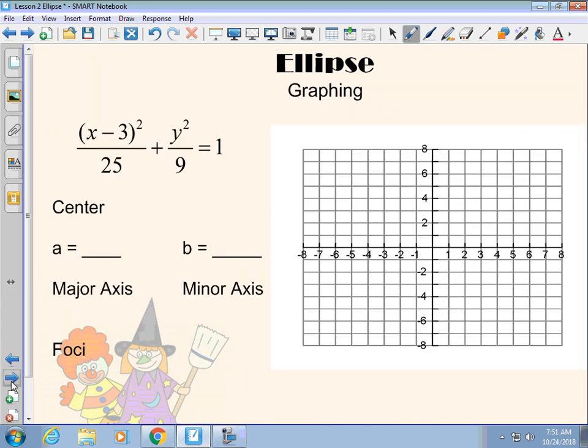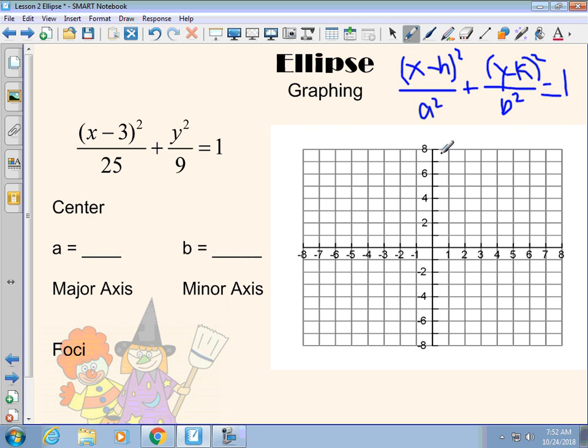Okay, now let's look at graphing. That was the first thing we looked at. Right, we have to remember our equation here, and if you need to write it again, please do. X minus H squared over A squared plus Y minus K squared over B squared equals 1.